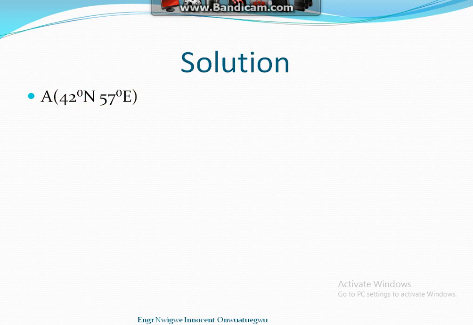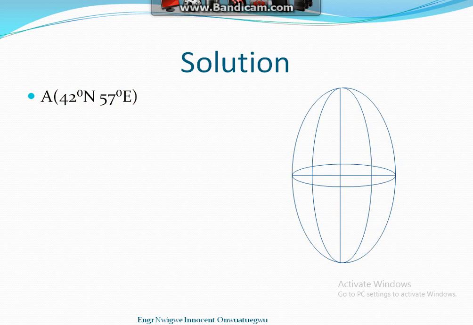Solution. We draw the longitude along the vertical axis of the circle and the latitude on the horizontal lines in the circle. We now have our equator. Then from the equator we measure out 42 degrees with our protractor.